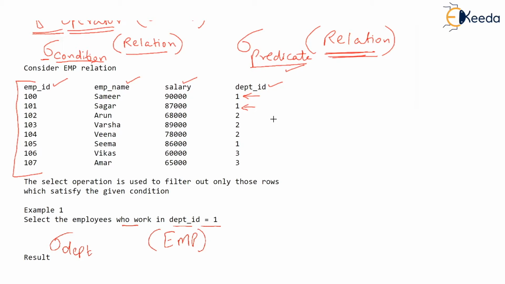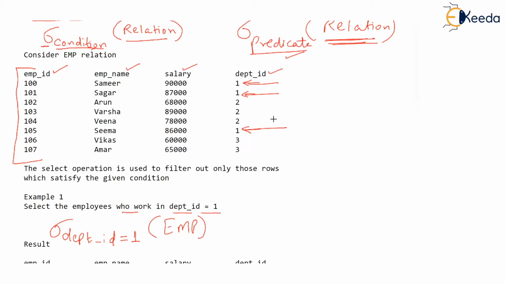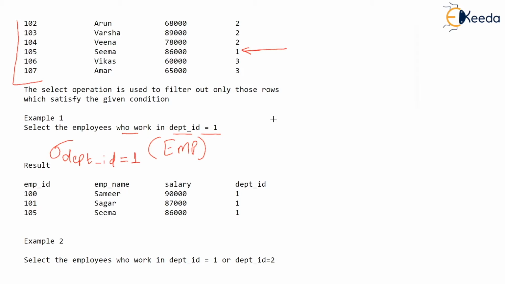As you can see, there are around 8 rows in the EMP table, and the rows which satisfy this condition are only those where the department ID is 1. So only the 3 rows which I have marked will get selected or filtered out, and the output given by this relational algebra expression will be 100, 101 and 105. Only these 3 employees will be displayed.